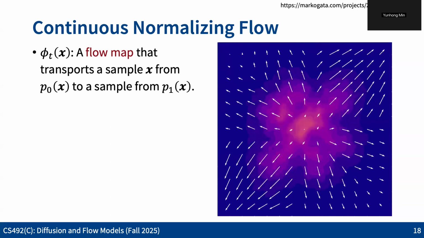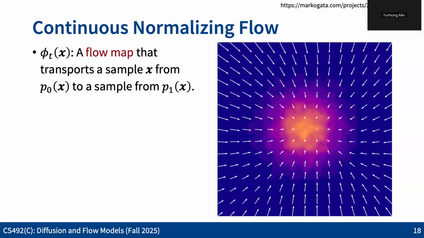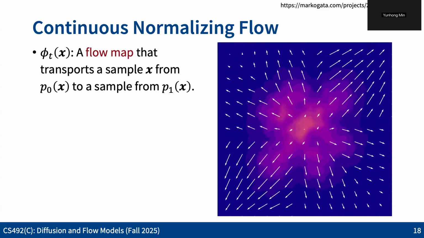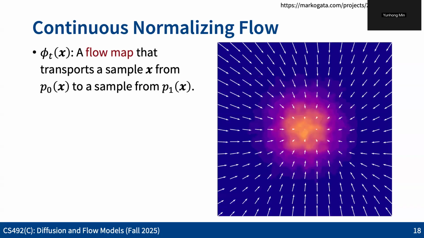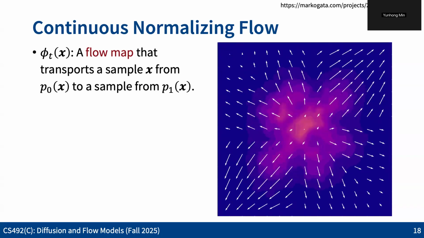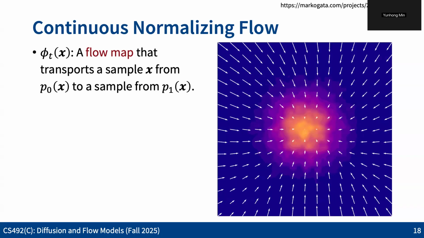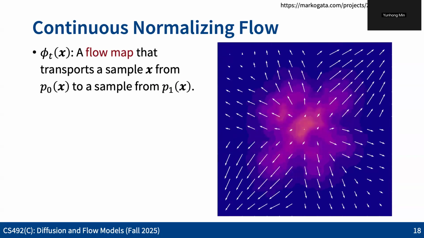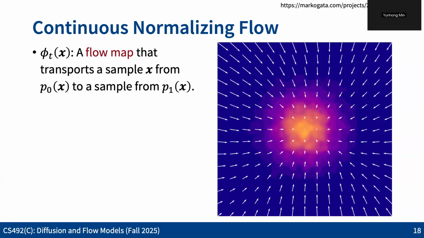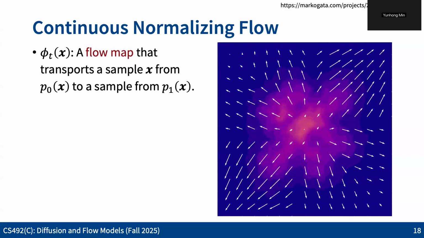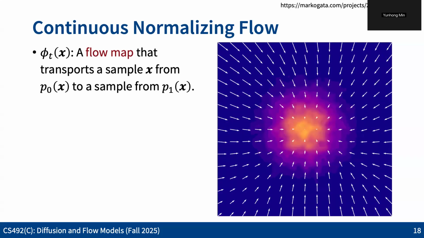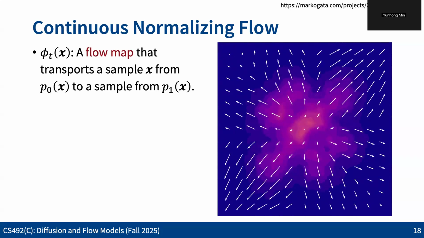So the input to this function should be x0, a sample from the reference distribution, and pi t means the point on the trajectory at time step t. So we start from x0, change the time, and go to x1, right? And pi t represents that trajectory.